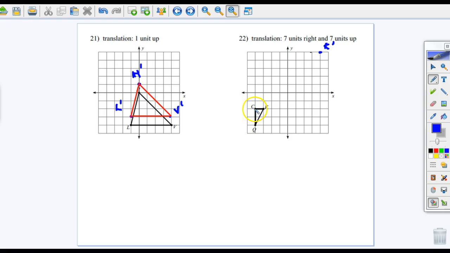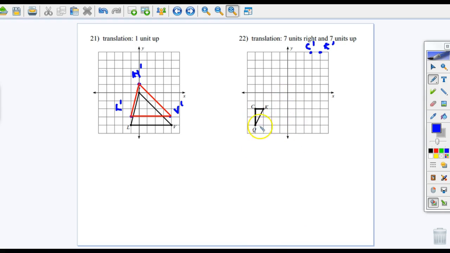I'm going to go to C and I'm going to count 1, 2, 3, 4, 5, 6, 7 units right and then another 7 units up. 1, 2, 3, 4, 5, 6, 7. And that would be C prime.